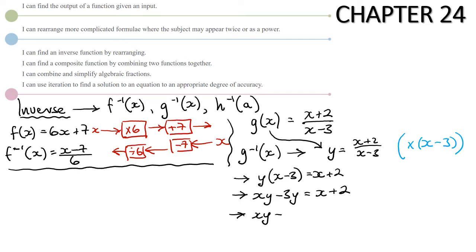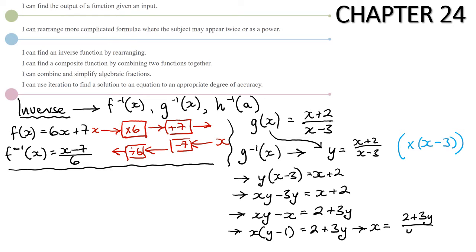So I'd have xy minus x equals 2 plus 3y. Then I'd factorise, and then from there I can make x the subject, so it'd be x equals 2 plus 3y over y minus 1, and this is my inverse here.